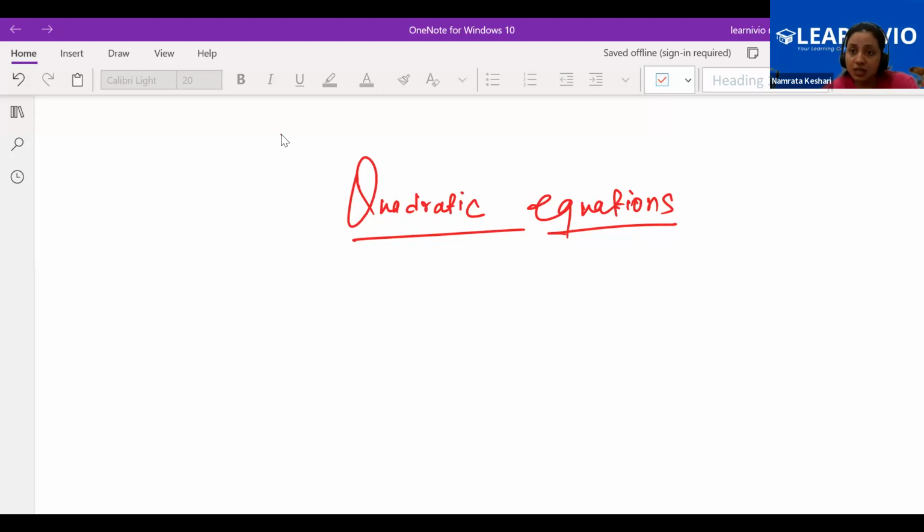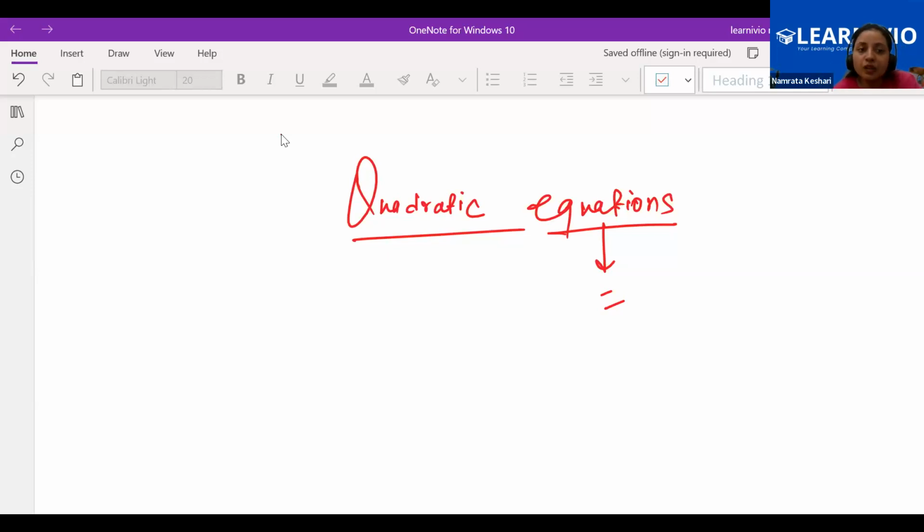But here the same quadratic is there, but beside that equation is written over here. So yes, it is quadratic equation. Here we will be having equality sign. So any algebraic expression where equality sign is there, that's called equation. Okay. So here we are going to discuss about quadratic equation.